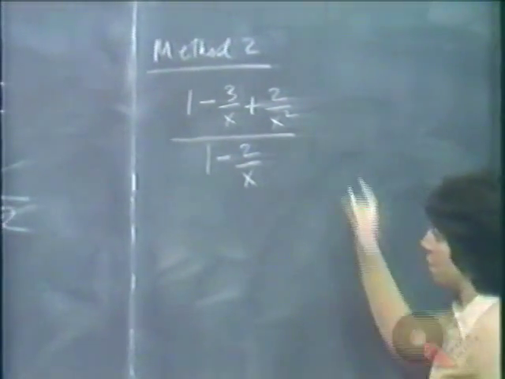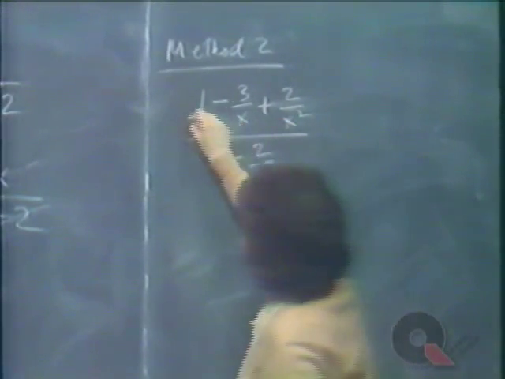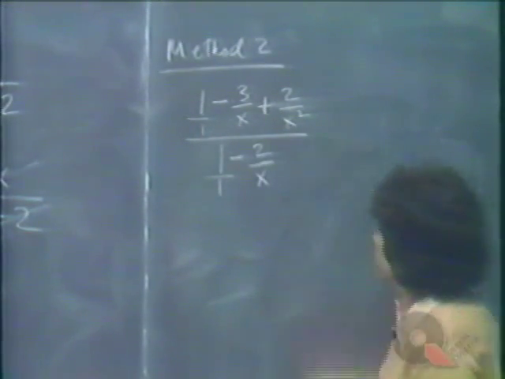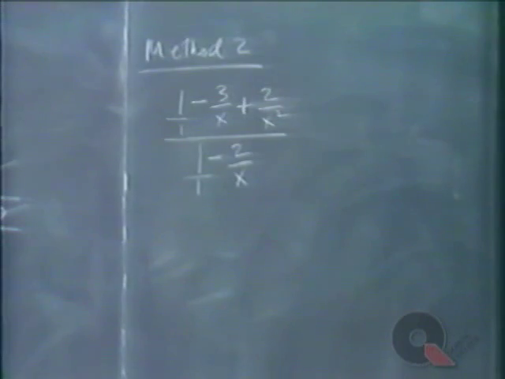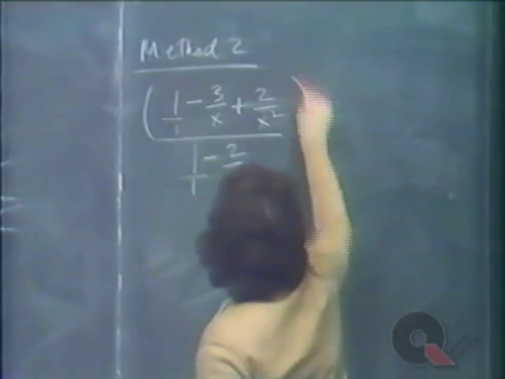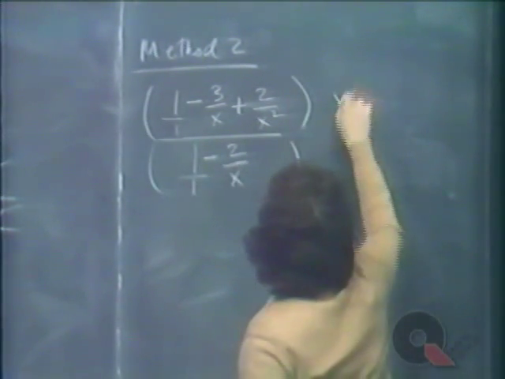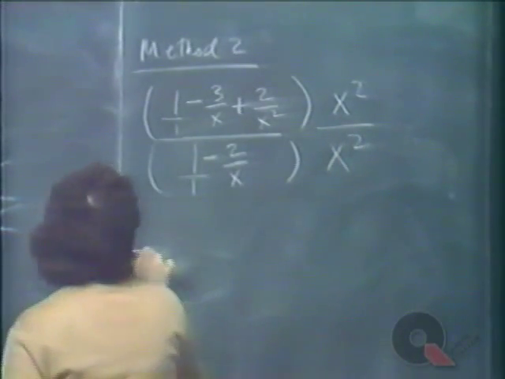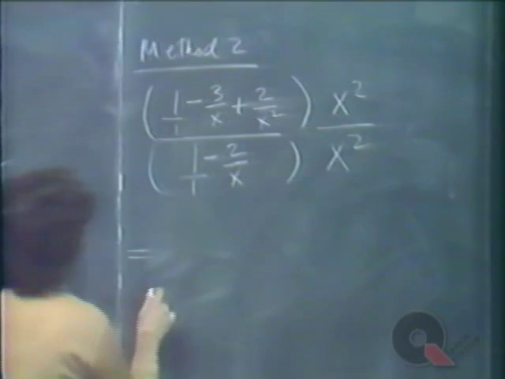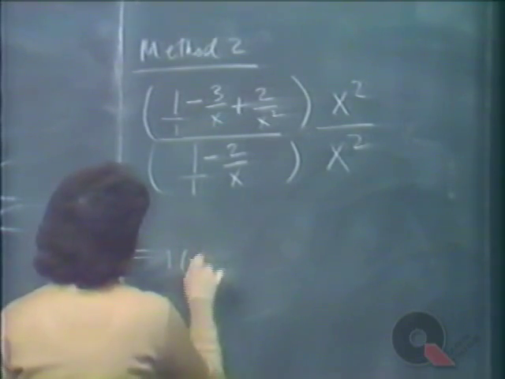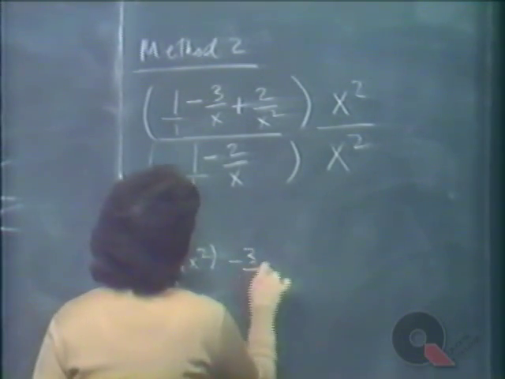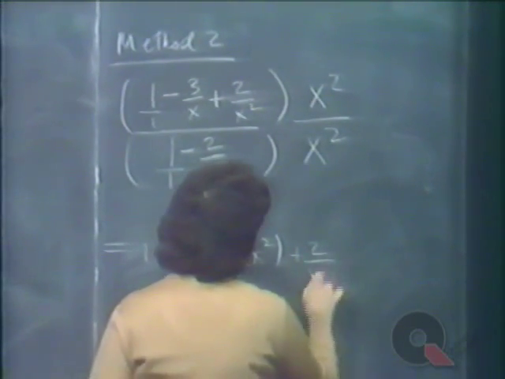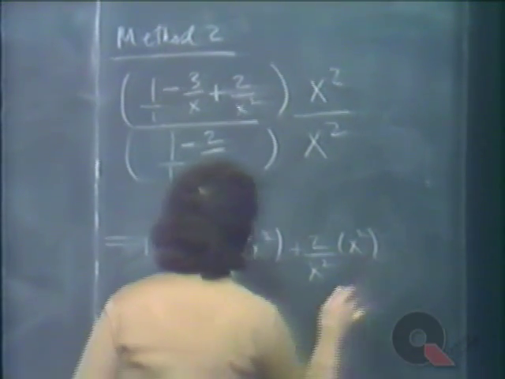The least common denominator for all of the little denominators, remember here the denominators are 1, x, and x squared, the smallest quantity such that they all go into is x squared. We will therefore multiply numerator and denominator by x squared. We'll get, therefore, 1 times x squared minus 3 over x times x squared plus 2 over x squared times x squared.